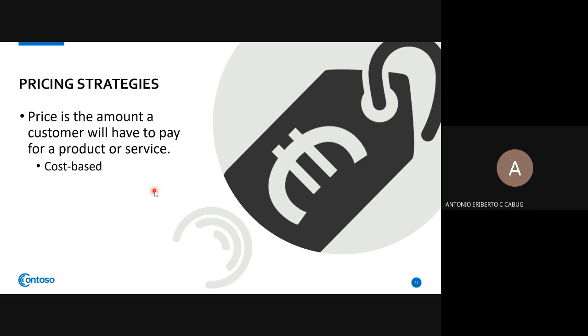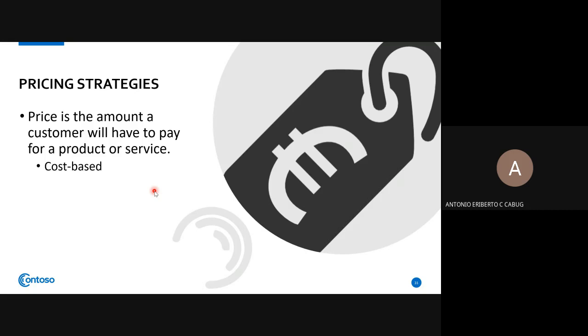When is the cost-based approach used? This is used when there is very low competition. You are producing a customized item made based on customer specification. For example, you're going to make a dress for someone, pasadya. Cost-based pricing will be used.